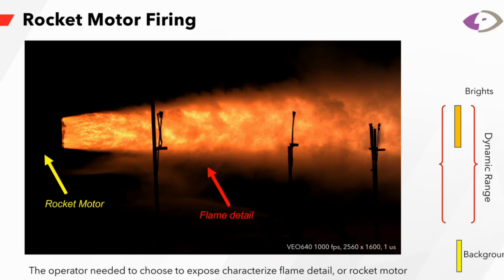When I did that, you can see that the rocket motor itself got lost to the shadows. Schematically represented to the right, you can see that we have the dynamic range, where the brights sit nicely in the upper part of that range, but the background is far below that of the dynamic range, which you cannot see.